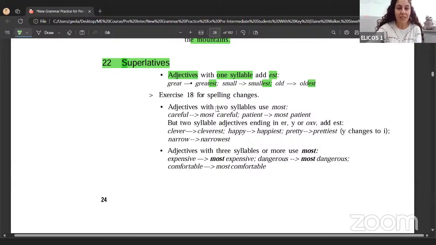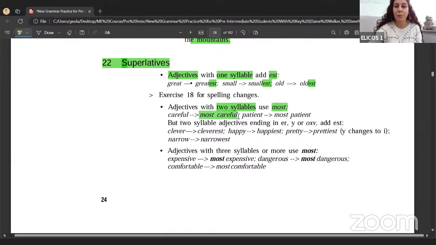If the adjectives have two syllables, that means two sounds. So if you look at these words: careful, patient, clever, happy, pretty, narrow, there's two sounds. I need to use the word most.